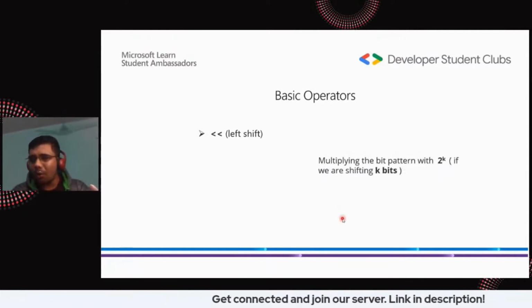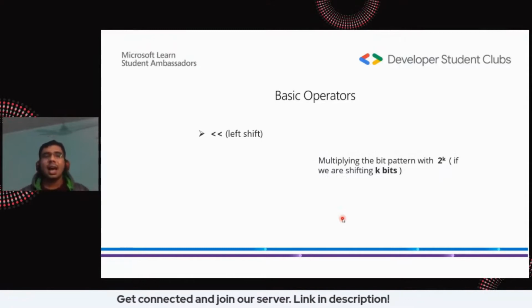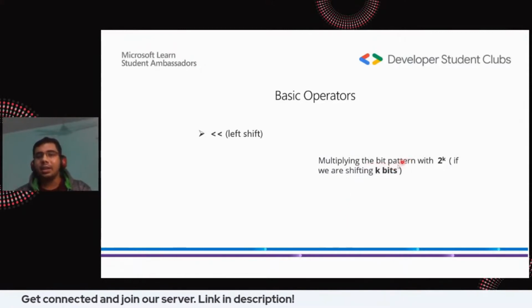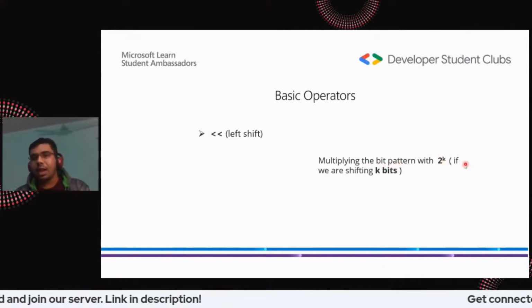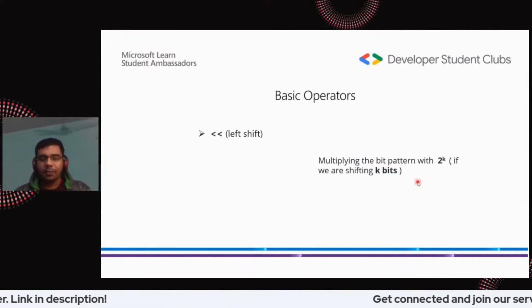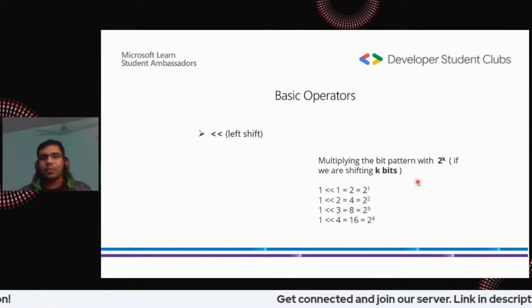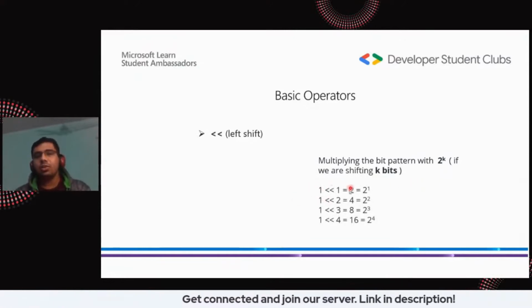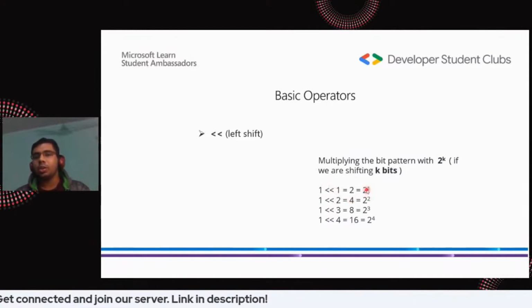Mathematically, this multiplies the bit pattern by 2 to the power k, if we are shifting k bits. Take an example. If we have 1 and we left shift it by 1 bit, this would be 2, that is 2 to the power 1.